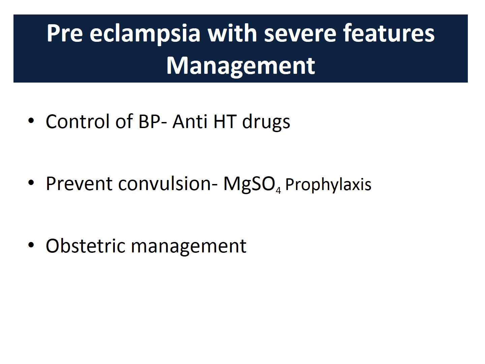After diagnosing a woman with severe features of preeclampsia, how to manage her? The steps in management are control of blood pressure, steps to prevent convulsion, and decision on obstetric management.